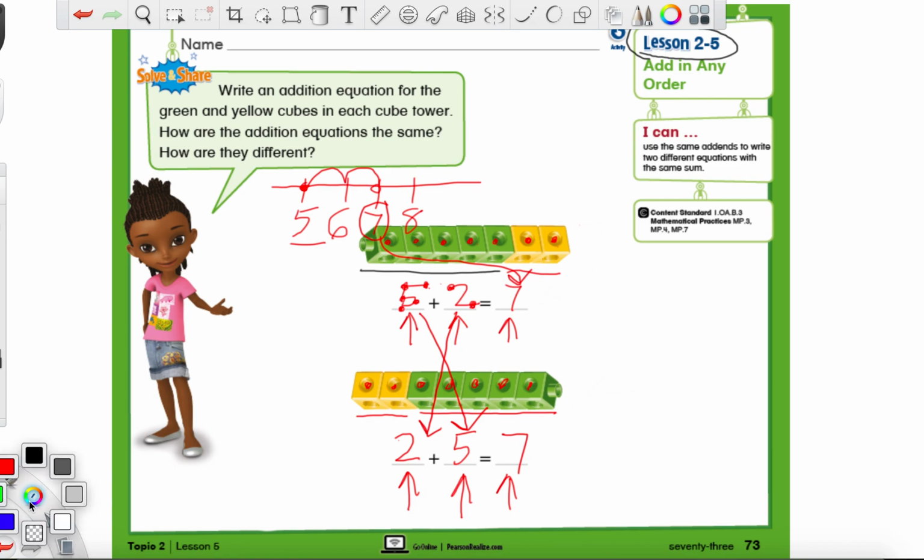So, the fact that we still have a 2 in both of them, and we have a 5 in both of them, shows that they are very similar, right? But also we have the same answer for each one. So it doesn't matter which order you put the numbers in, you will always get the same answer every time.